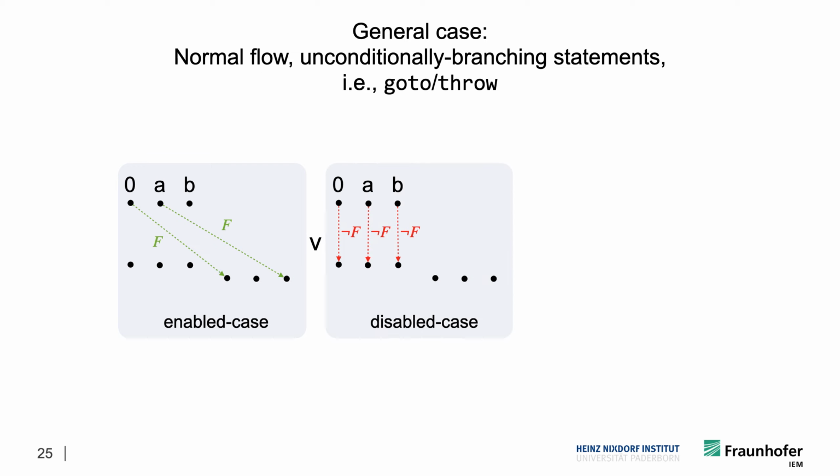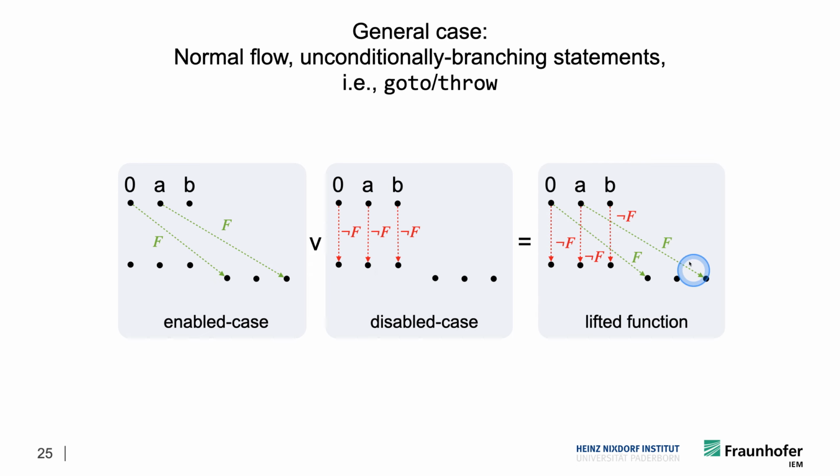But in the disabled case, your data flows have to instead be connected to the next statement in the program order, which I'm denoting by these nodes here, okay? So this is denoting that you don't jump. And your data flow solver basically has to take care of this. And again, we can compute a lifted flow function. That's always the same principle by simply doing a disjunction or a graph union over both of these graphs, and that gives us the lifted flow function here.